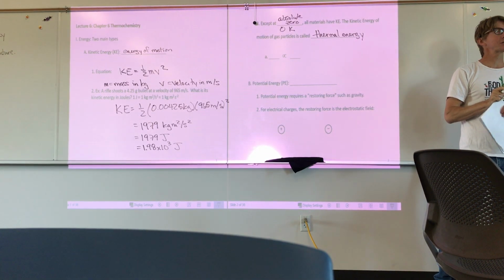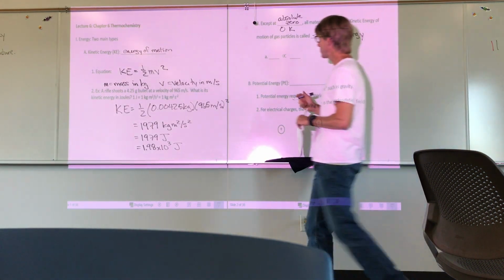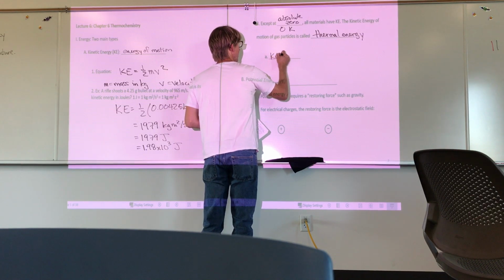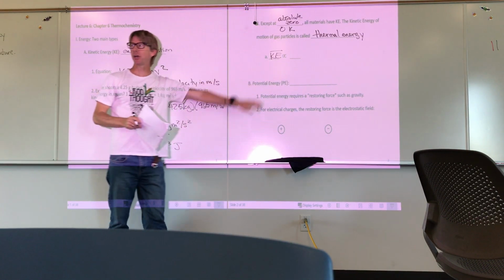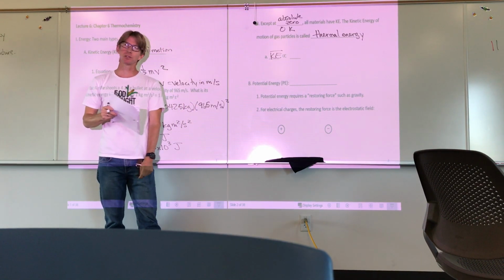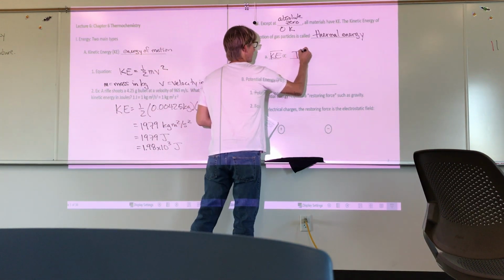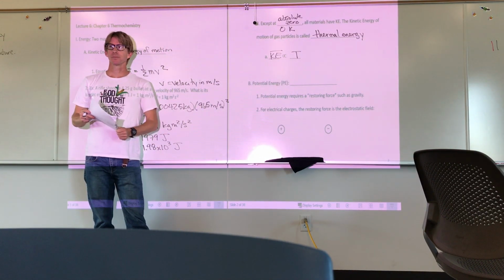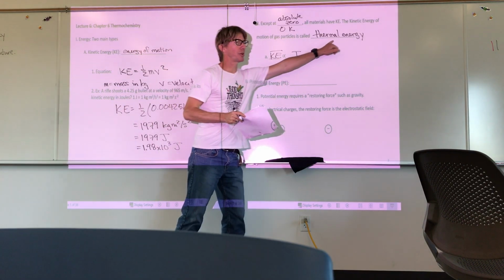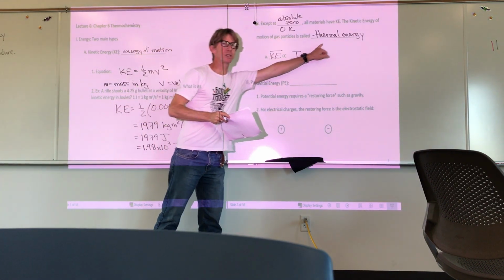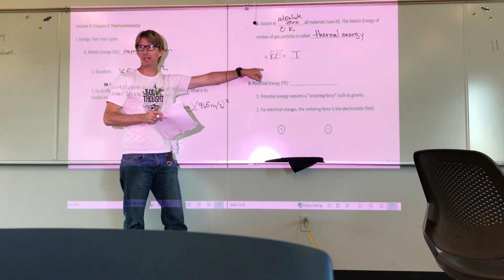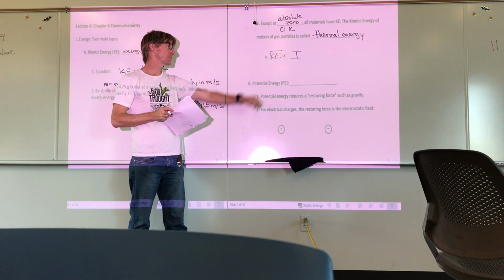That comes from what we talked about last chapter, that the average kinetic energy, that's KE bar, average kinetic energy is proportional to temperature. That's where the term thermal energy comes from. If you know the temperature, you have an idea about how much kinetic energy these particles have.